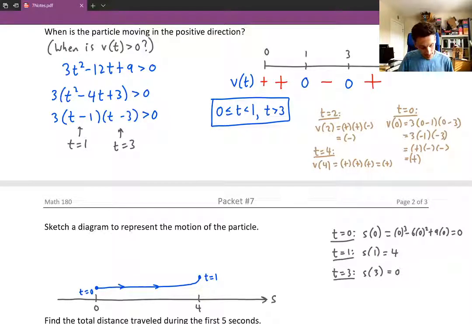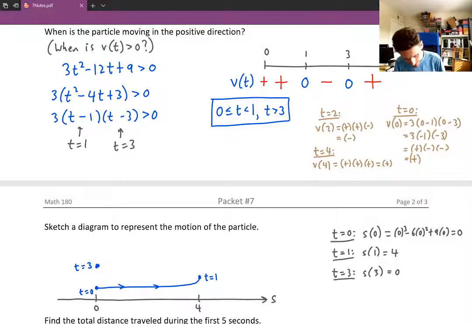Now at t equals 3, the position is back to 0. And on the interval from t equals 1 to t equals 3, velocity is negative. That means we're moving to the left. So from t equals 1 to t equals 3, we're moving from a position of 4 to the left towards a position of 0.